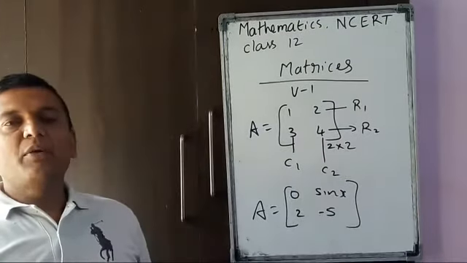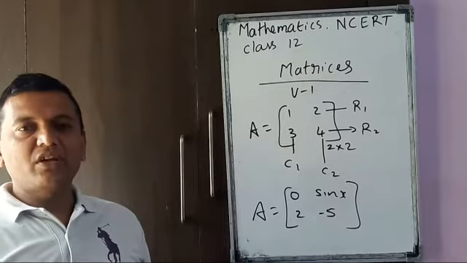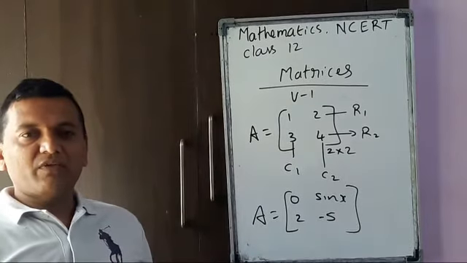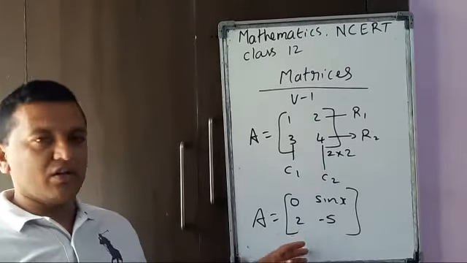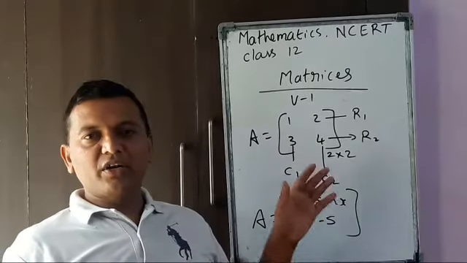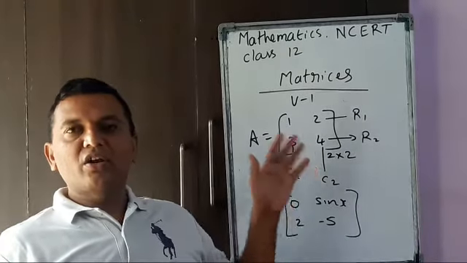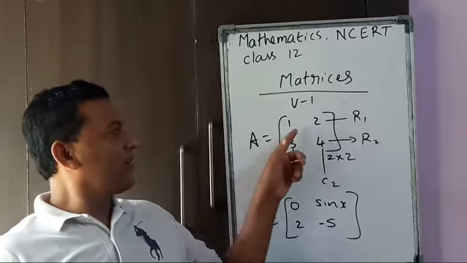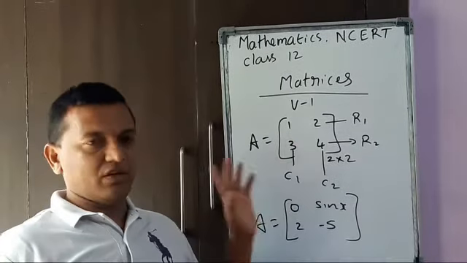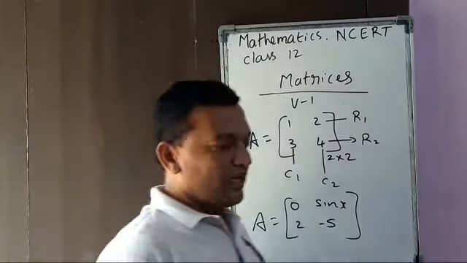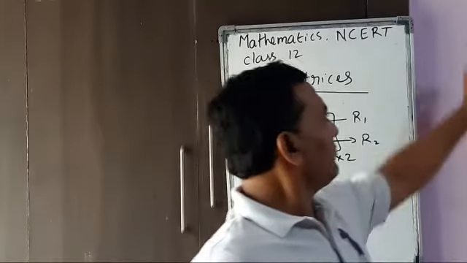So basically a matrix is an ordered arrangement of numericals or functions in rows and columns. This is basically called a matrix.